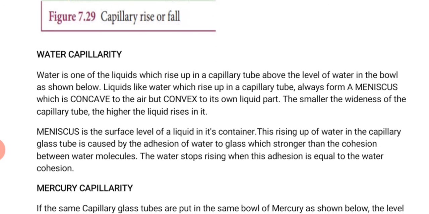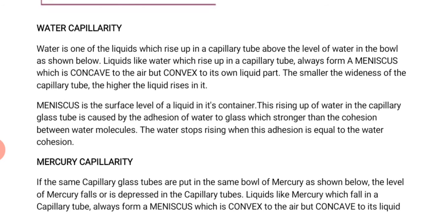Water capillarity. Water is one of the liquids which rises up in a capillary tube above the level of water in the bowl, as shown above.